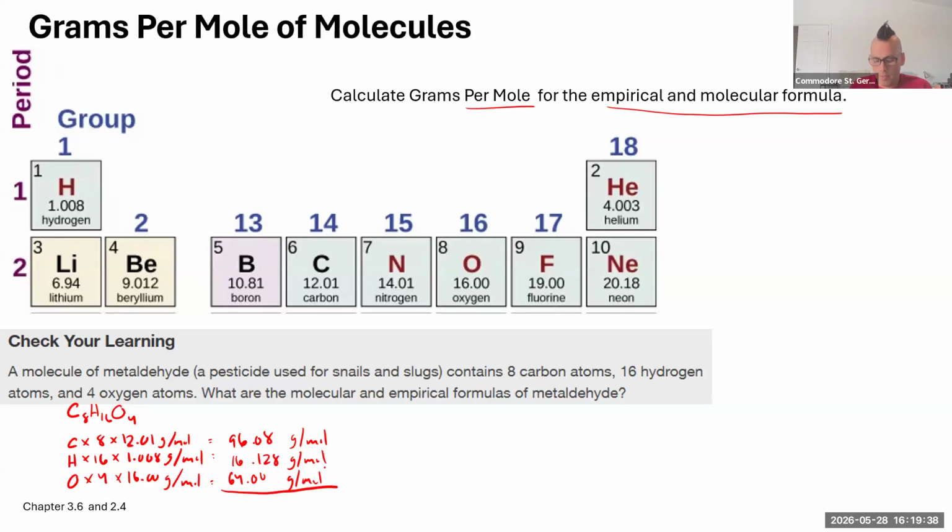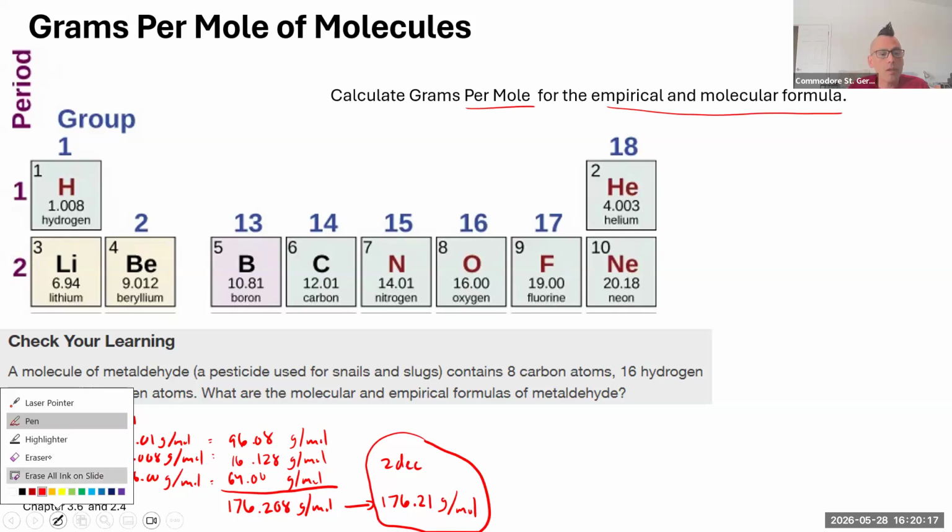We're going to add those up and it becomes 96.08 plus 16.128 plus 64. I have 176.208 grams per mole. But with rounding, we want two decimal places because here there's two, so it has to be 176.21 grams per mole. And we're not using this for any further calculations, so we're going to stop there.